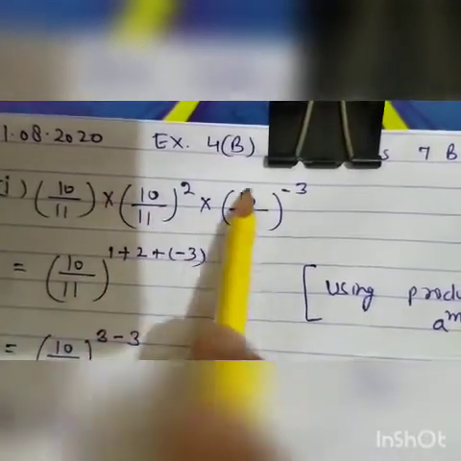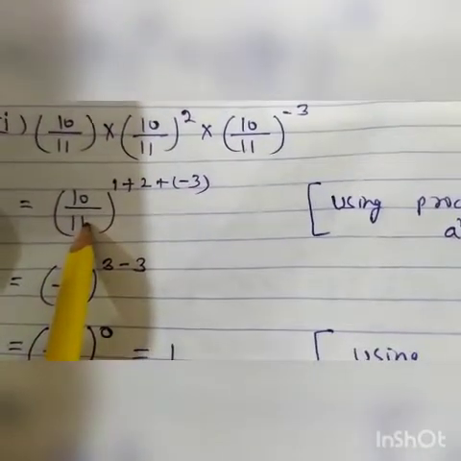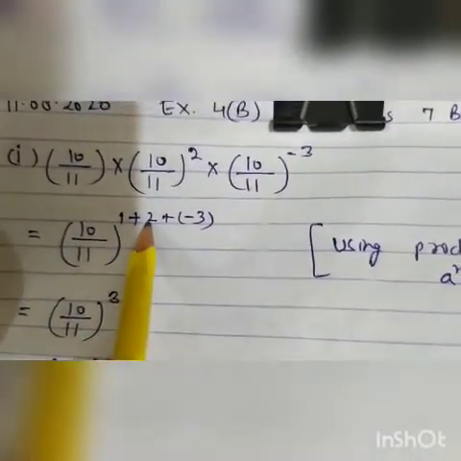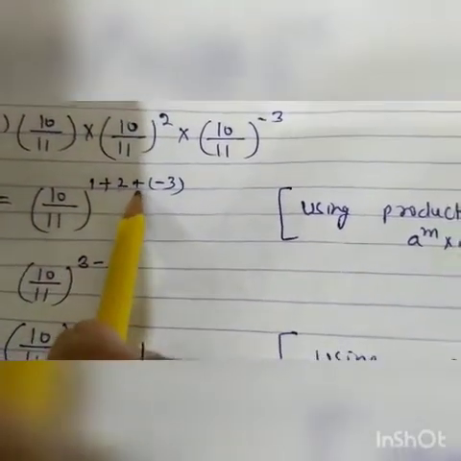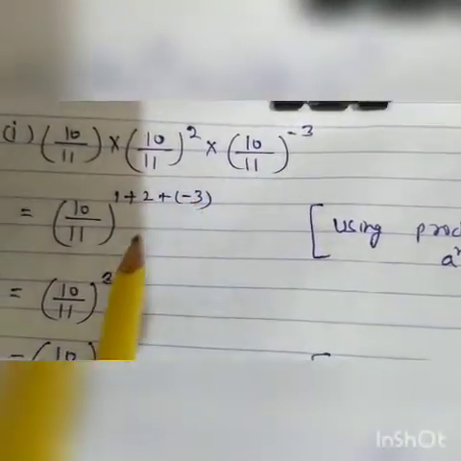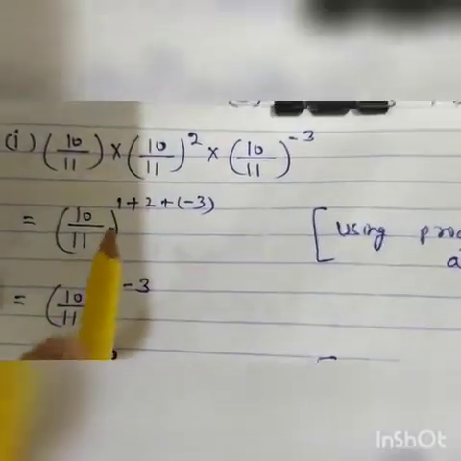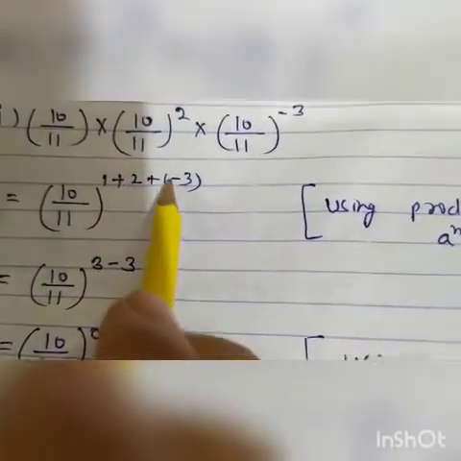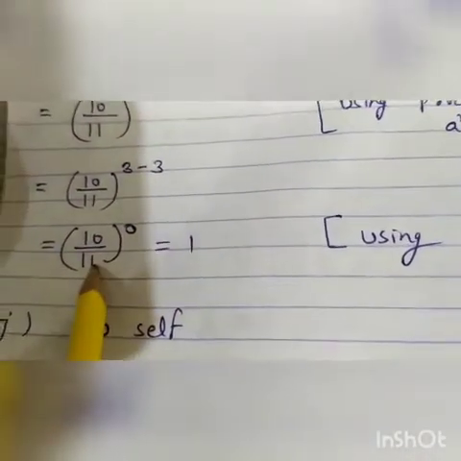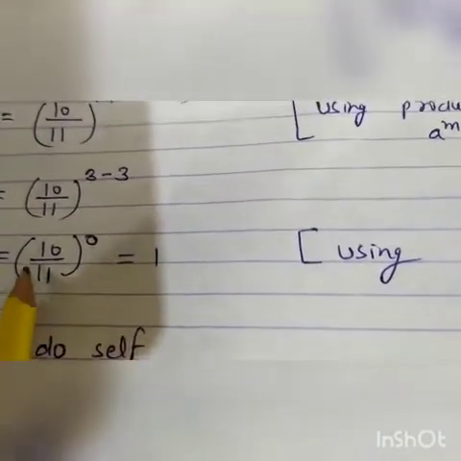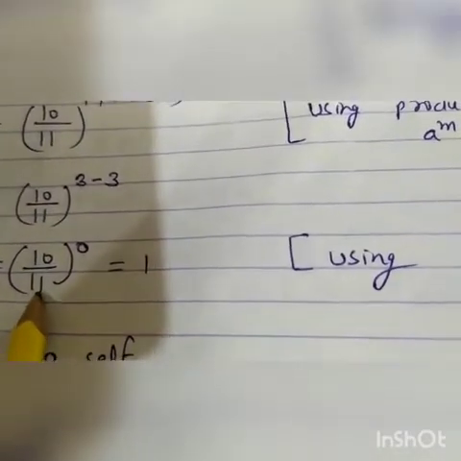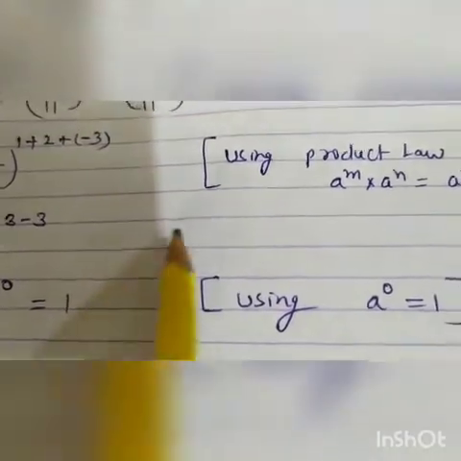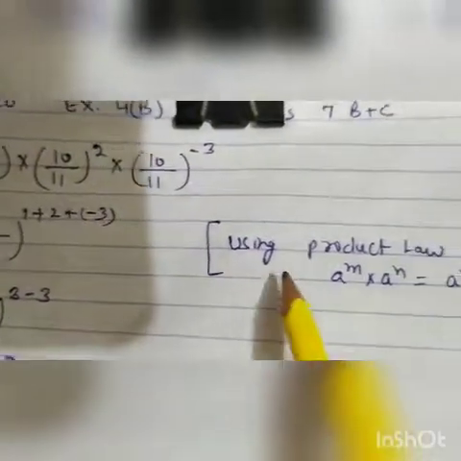So we will add the powers. 10 upon 11 power 1 plus 2 plus minus 3. So 1 plus 2 is 3, then this minus 3, 10 upon 11 power 0 is equal to 1. What is the base here? 10 upon 11, which doesn't matter. The value will be 1.